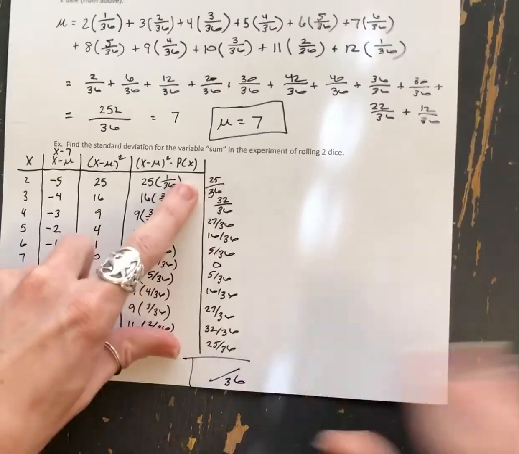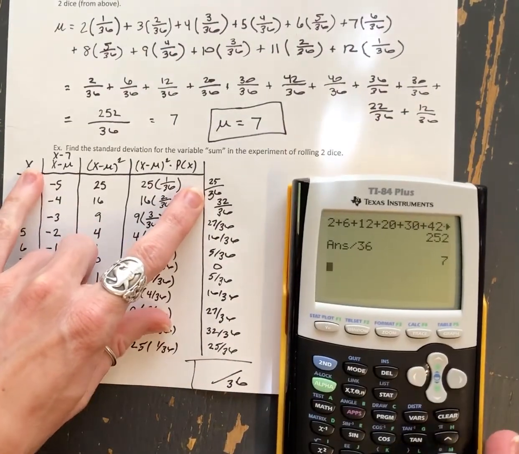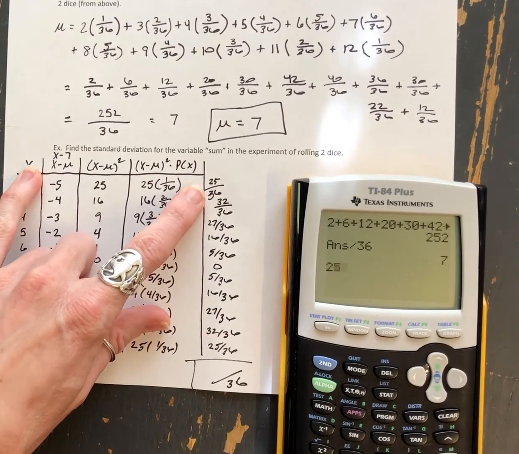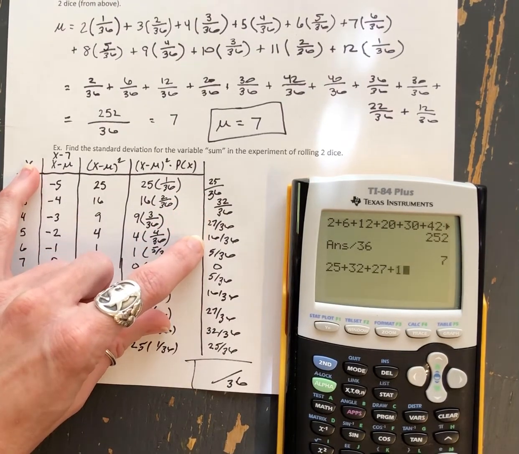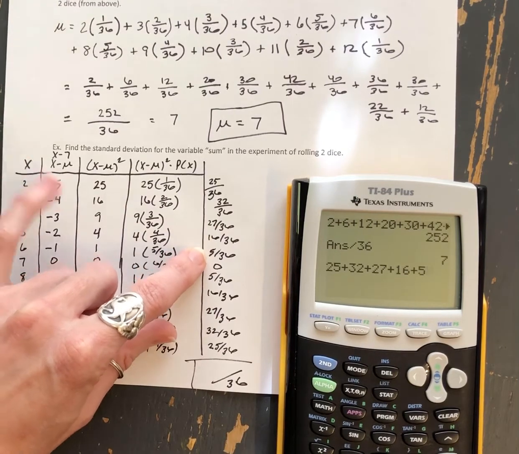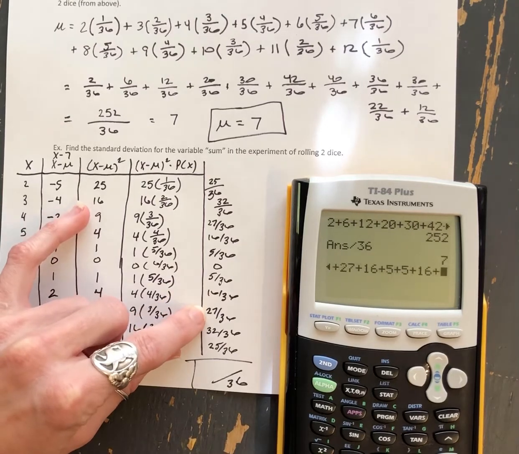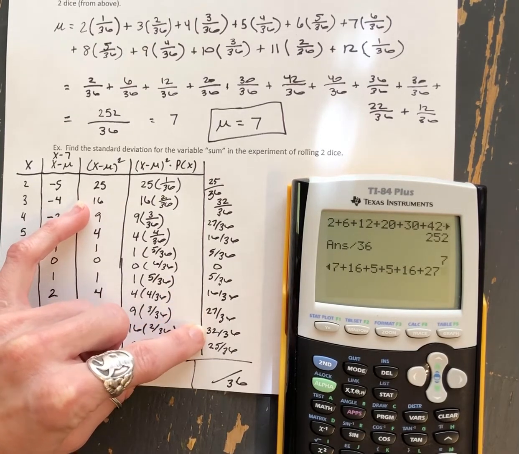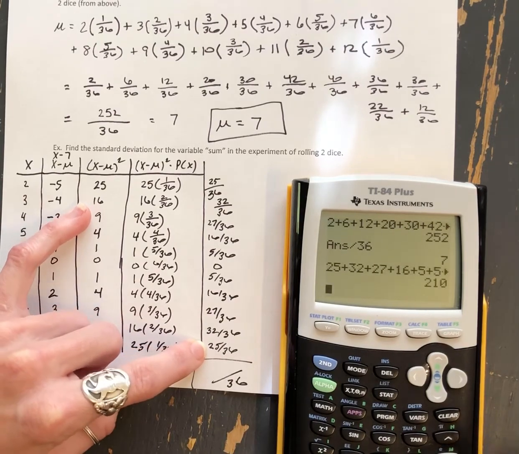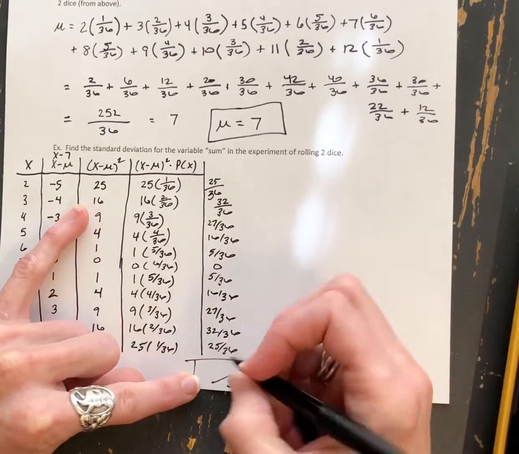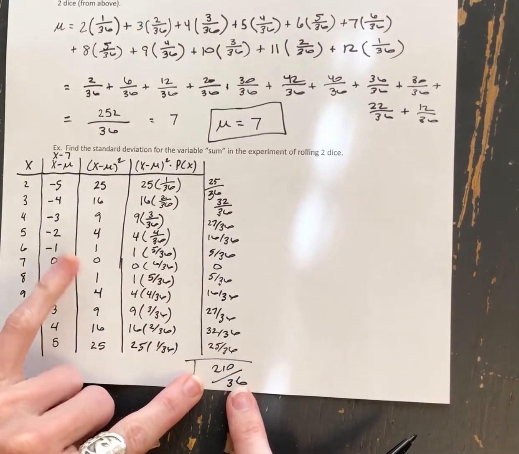So if we sum all of those together, then out of 36, let's sum all those numerators together. We will have 25 plus 32 plus 27 plus 16 plus 5 plus 5 again plus 16 plus 27 plus 32 plus 25, and we get 210. 210 36ths.